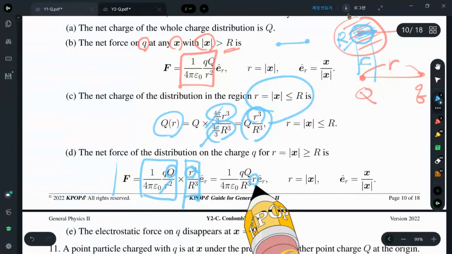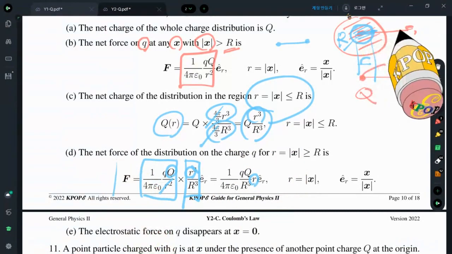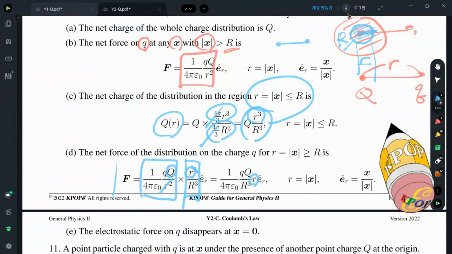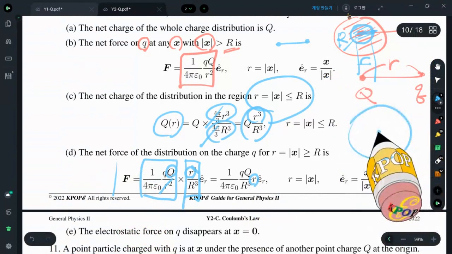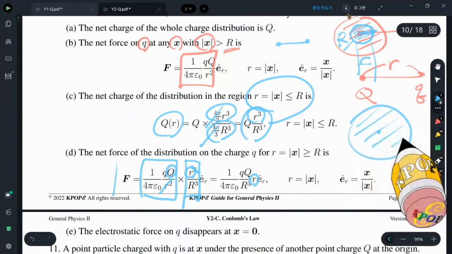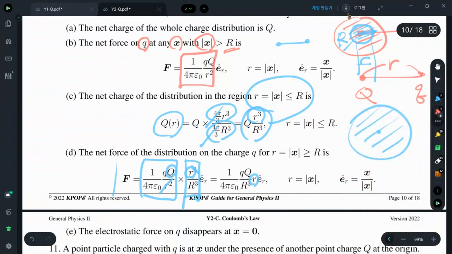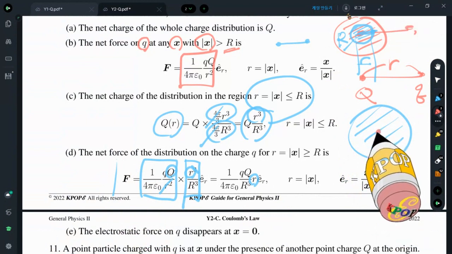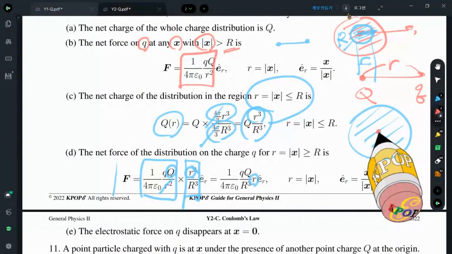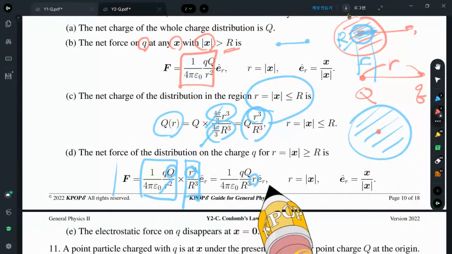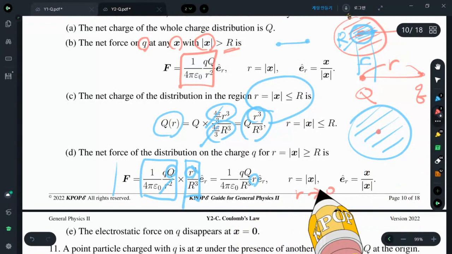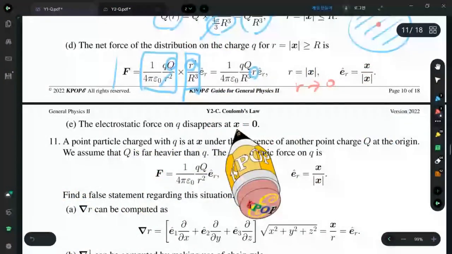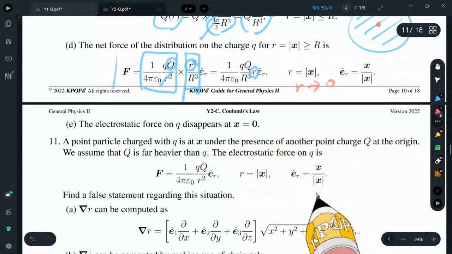All right, so the net force becomes zero if we substitute r equals 0. When it approaches the center, there is no charge to interact with, so the answer is 0 when r is 0. So the electrostatic force on Q disappears at x equals 0.